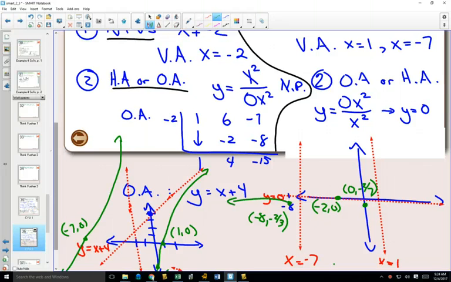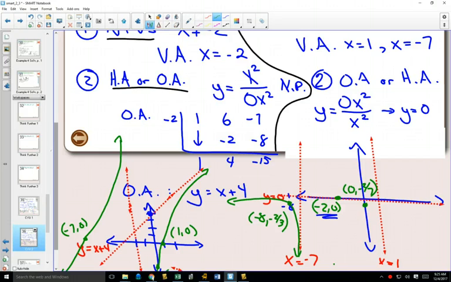It can't go through the x-axis again because we found our only x-intercept to be (-2, 0). That was the only place the numerator was equal to 0. So we can't go through the x-axis again because that would create another x-intercept. And there's a non-permissible value there, so we have enough information to show it going towards our asymptotes.